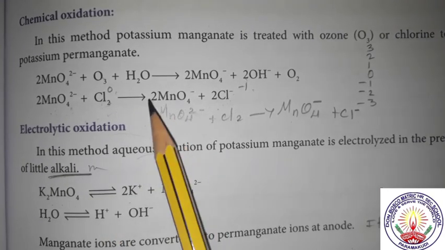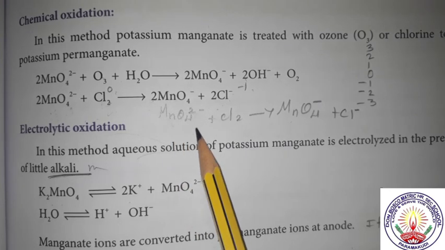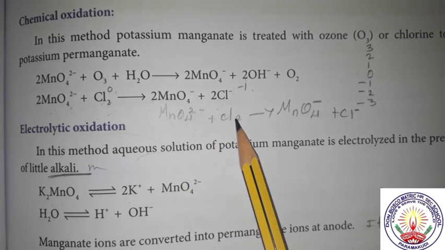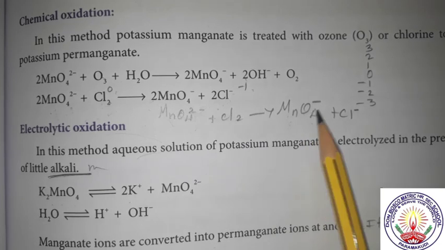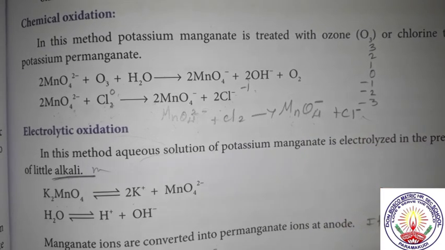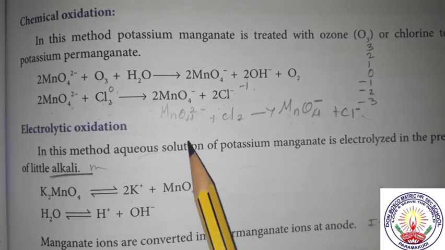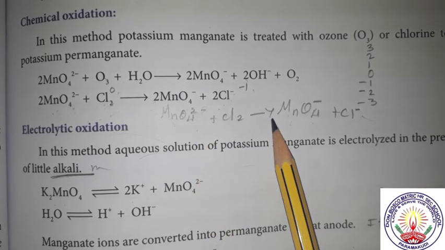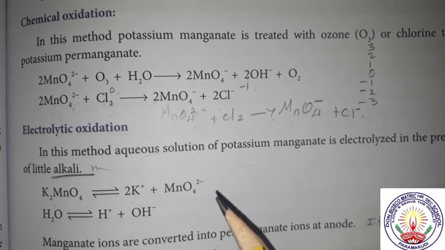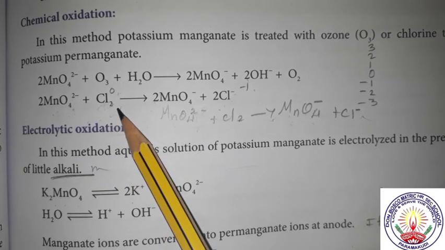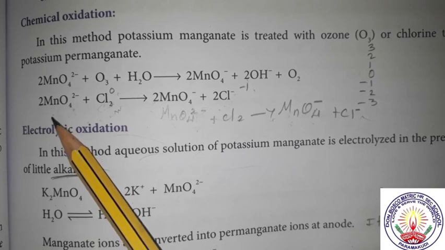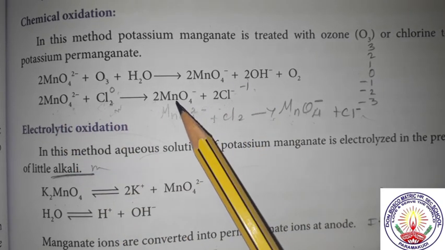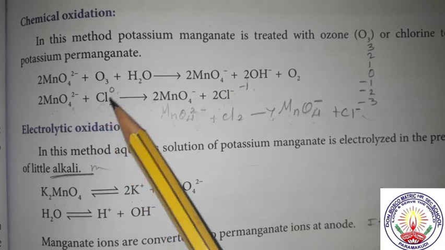So therefore the formula is MnO4 2 minus plus Cl2 gives MnO4 minus plus Cl minus. Now we need to balance this equation. When we want to balance this, you see Cl2 is there. Here the charge is only 1, here it is 2.